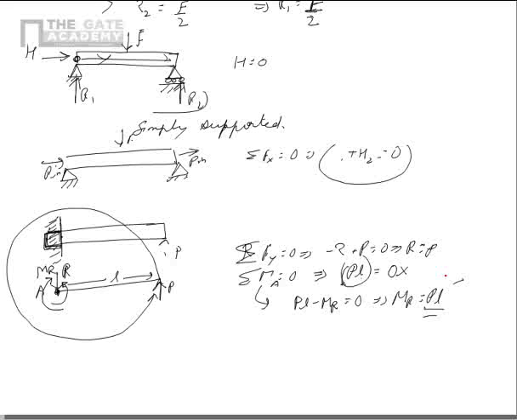Now obviously these are two basic forms of supports, simple support and cantilever. This is called a cantilever configuration. Cantilever, C-A-N-T-I-L-E-V-E-R.